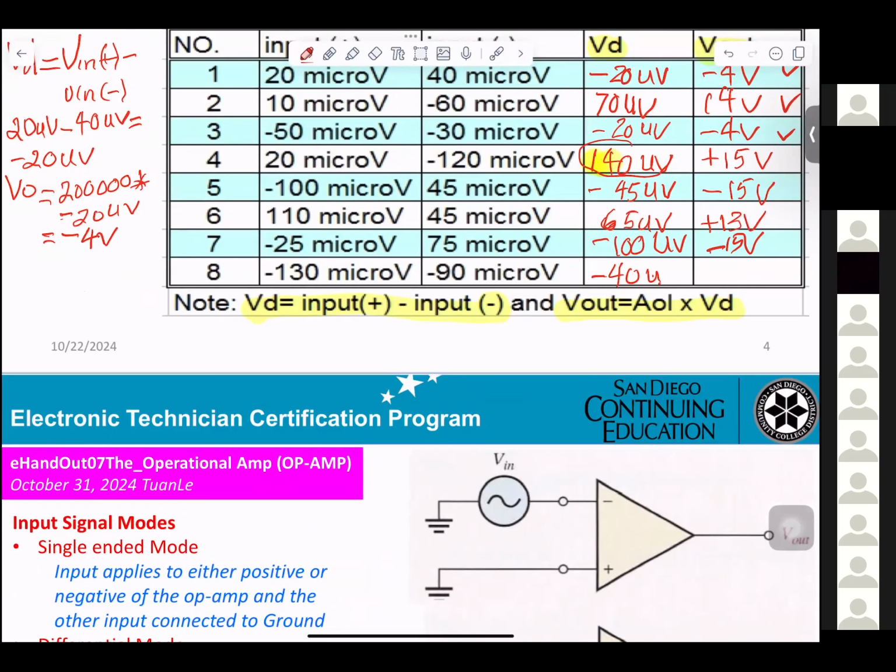And now we calculate number 5, for minus 45. Let's see. We're doing number 4: 20 minus 120, you get plus 140.